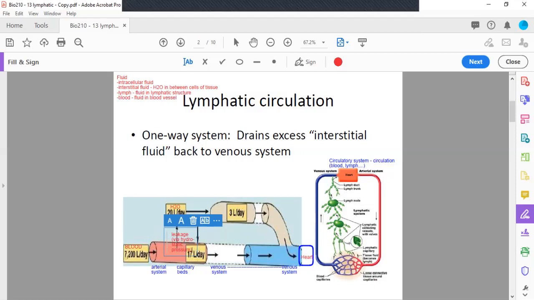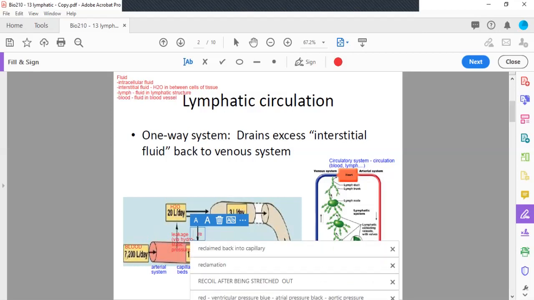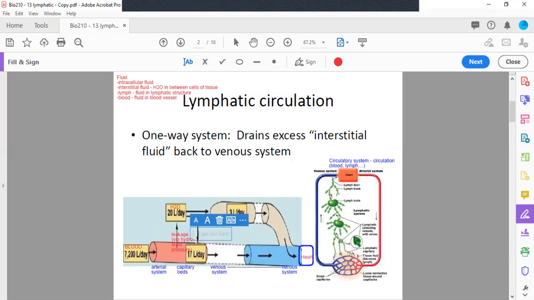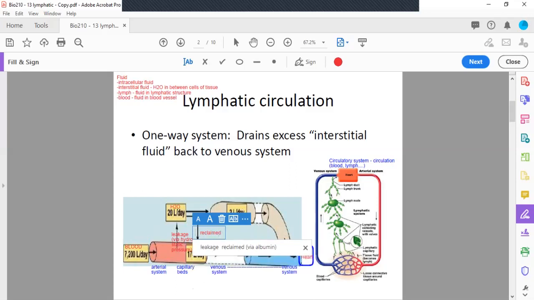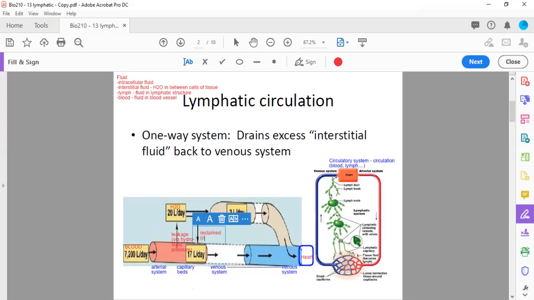Now, there's an opposing force called osmotic pressure produced by the albumins. So the albumins help to reclaim back the water, not the 20 liters, the 17 liters of water back. So we can say reclaimed by the osmotic pressure produced by albumin.